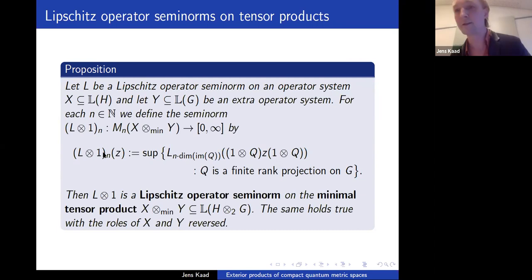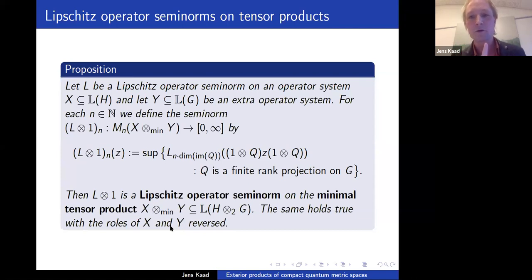And it can be proved that L tensor 1 is again a Lipschitz operator seminorm on this minimal tensor product. And I can reverse the roles of X and Y if I want to. So if I start out with a Lipschitz operator seminorm on Y, call it K, I can construct something like 1 tensor K using a similar construction, of course.